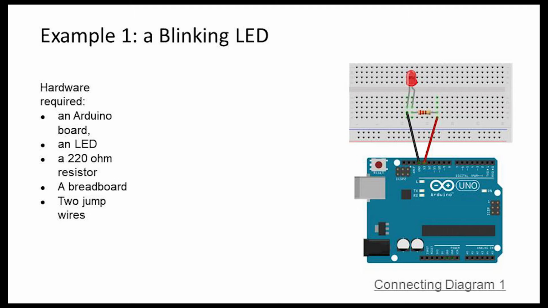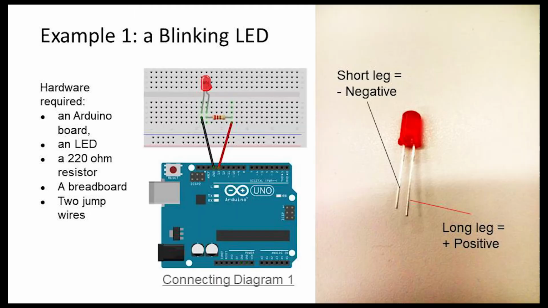We will connect the Arduino board to the LED and resistor by utilizing the breadboard and the jump wires. The Arduino should be connected to the breadboard, LED, and resistor as shown by the connecting diagram. Now, when we connect an LED to the Arduino board through the breadboard, we must take care that the legs of the LED are connected in the correct direction.